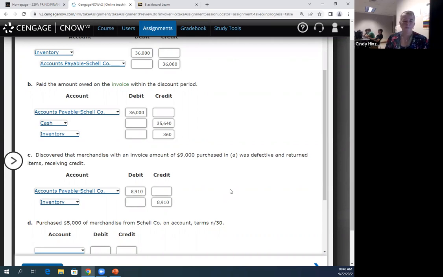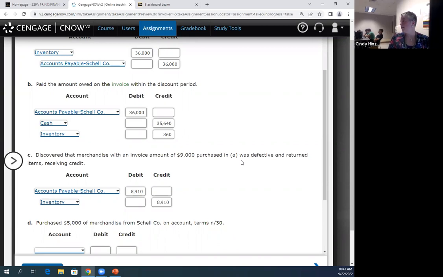If we used a periodic inventory system, parts of this would look different. The parts that would look different are everywhere you see a debit or a credit to the inventory account, we would use different accounts for that. Again, for our purposes in this chapter, you don't need to worry about that. I'm just pointing out to you how it would be different.